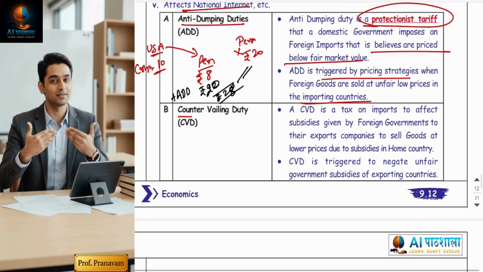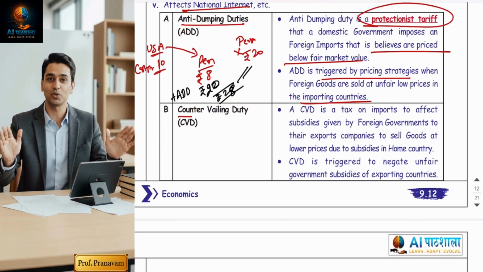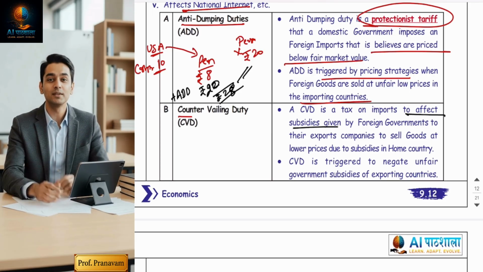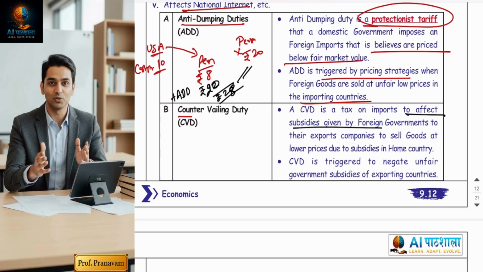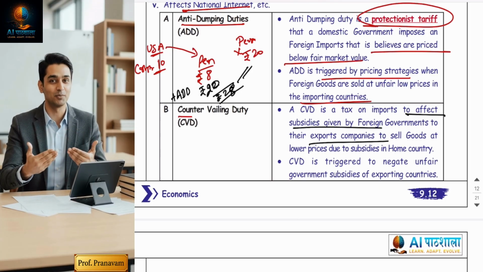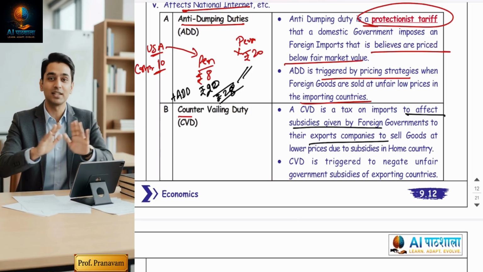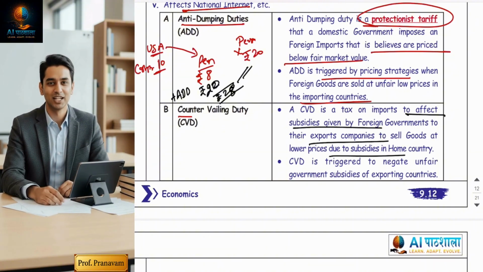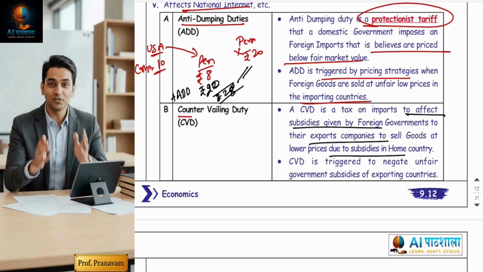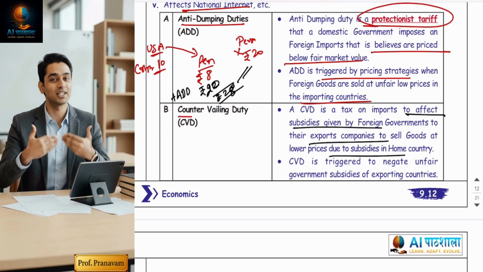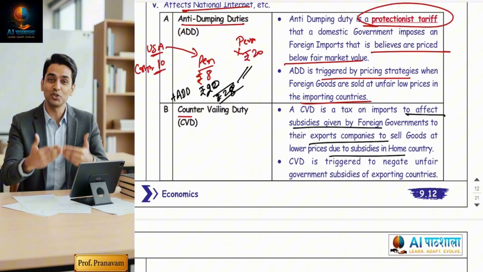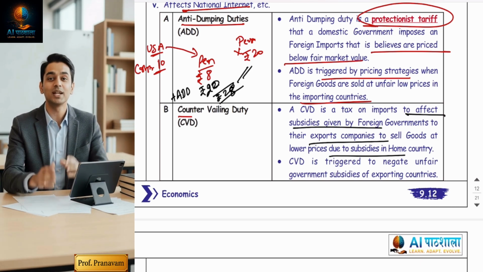Okay, next is countervailing duty. Countervailing duty is imposed to neutralize the subsidies given by the foreign government to the exporting companies. CVD is triggered by unfair government subsidies. Here, the foreign companies' government wants to capture the market of the domestic country. Countervailing duty is given to neutralize the subsidies.